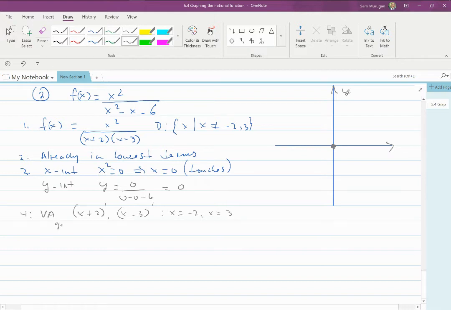And the graph will approach infinity from one side, negative infinity from the other. It's going to alternate, in other words.